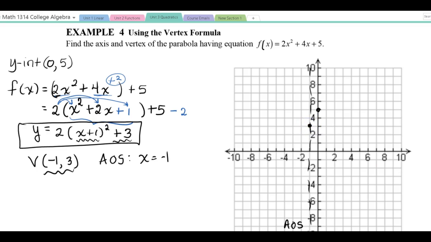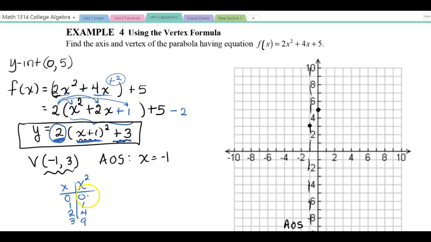So now let's take a look at what happens when we have that 2. We've already seen that the vertex has been moved to (-1, 3). And then we also see that we have a vertical stretch. So that means we take our y values and multiply them times 2. Our parent function of x squared had the values (0, 0), (1, 1), (2, 4), (3, 9).